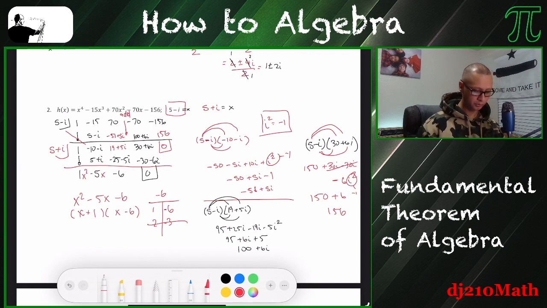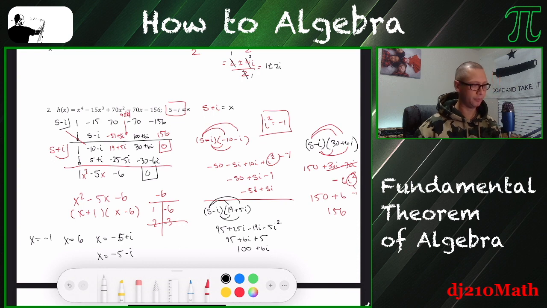So our roots are going to be x equals negative 1, x equals positive 6, x equals negative 5 plus i, and then x equals negative 5 minus i. Those are the 4 roots.